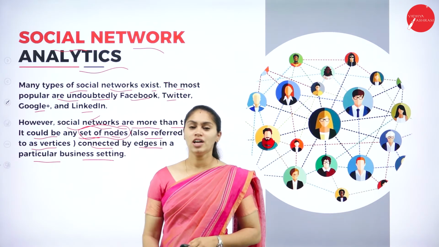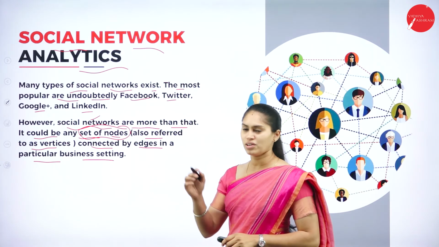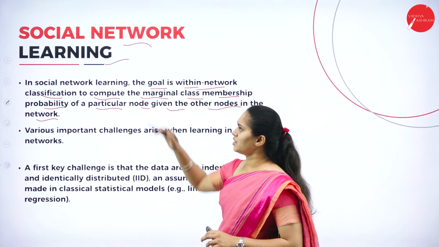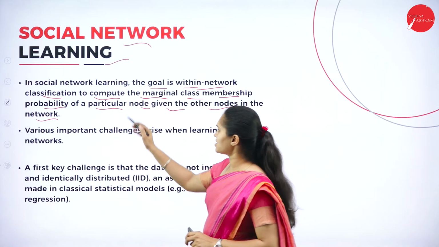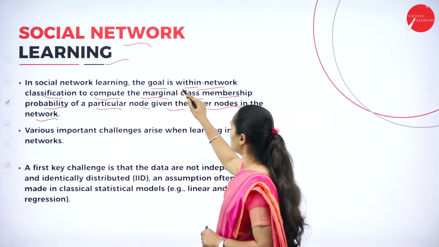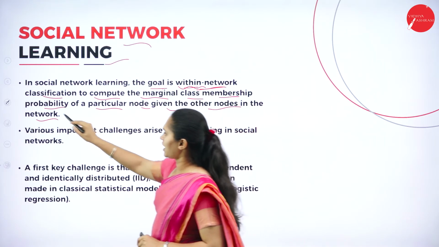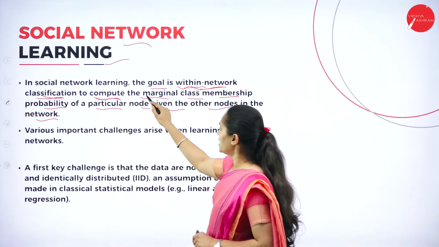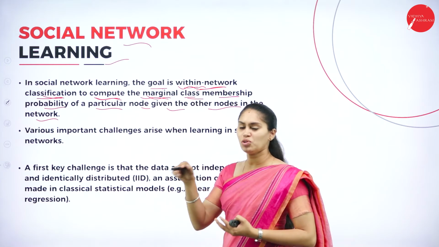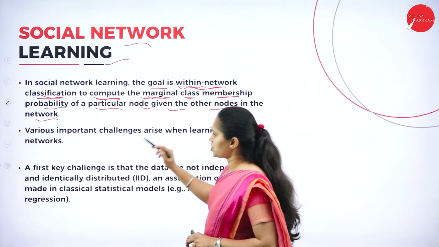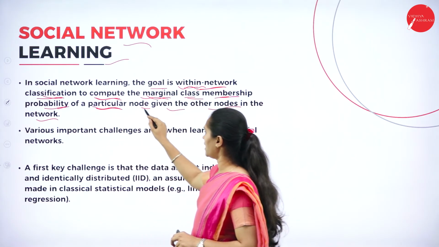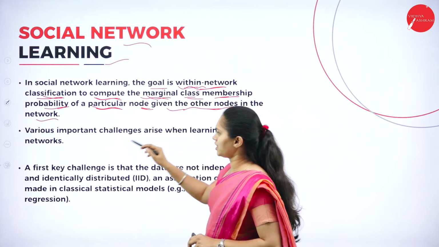Here we are also thinking about its boundary. That will be learned with social network learning. The main goal is to compute the marginal class membership probability of a particular node given the other nodes in the network.